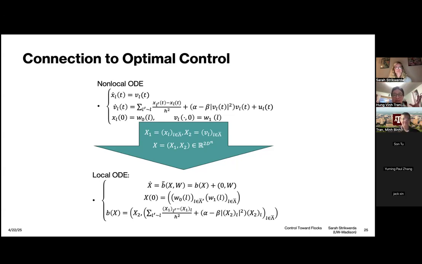To make it local, meaning you just collect all the variables and you just dump them in one master variable, which is the big X that Sarah put there. When you dump everything together in one variable, then of course your equation has to be local, right? Because you collect everything and you see that in the bx Sarah put there, the non-local terms appear in the second slot. So it's really messy, but because it's x itself.